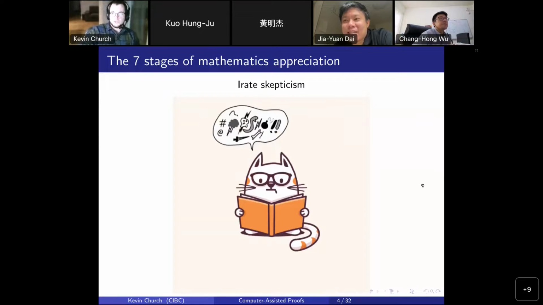So after confusion, I would say there's the irate skepticism phase, in which you cannot believe that it works and are almost irritated that it does seem to work. And again, this is an example of, in my case, probably my own insecurity. I don't understand it. How can somebody else get this?